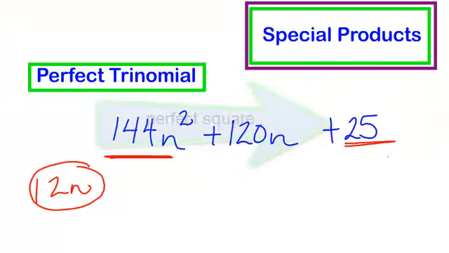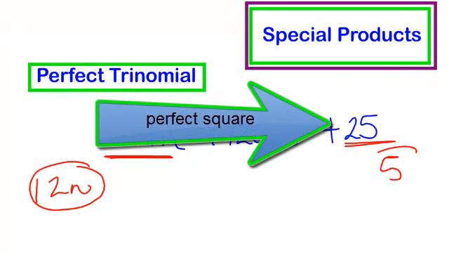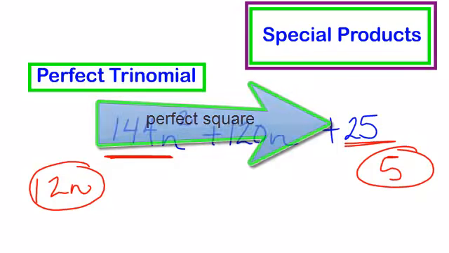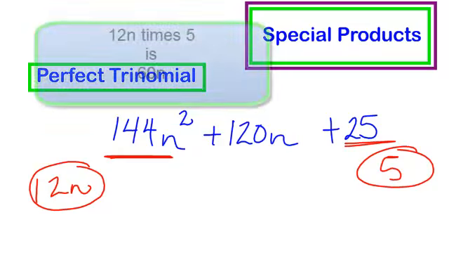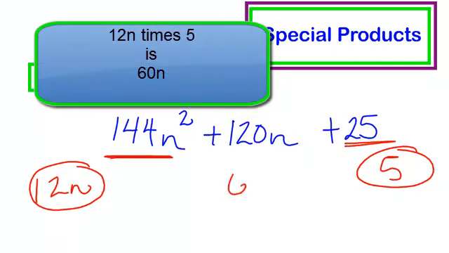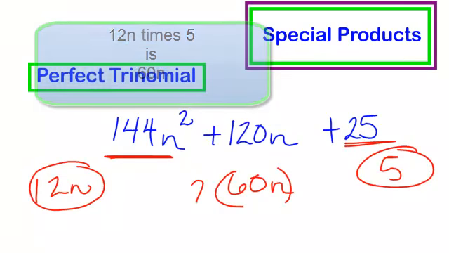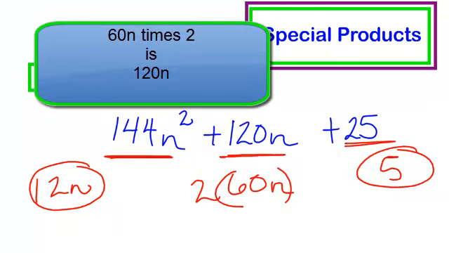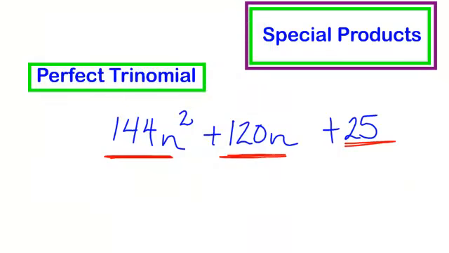The last term is also perfect, of 5, because 5 times 5 is 25. We'll multiply 12n times 5. You should get 60n. And then when you double it, or say times 2, yay, we get the middle term. So I do know that this is a perfect trinomial.